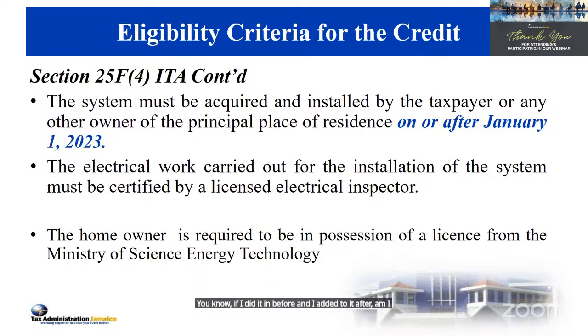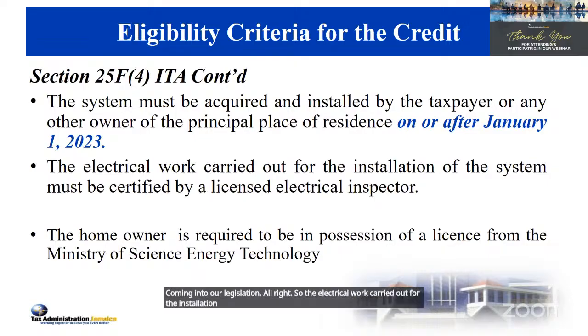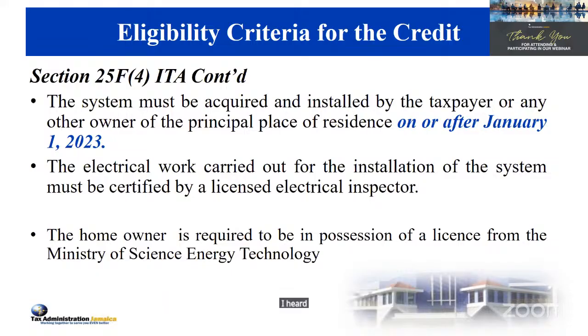And the answer is no, because the original installation would have been prior to this credit coming into our legislation. All right. So the electrical work carried out for the installation of the system must be certified by a licensed electrical inspector. I heard Mr. Harvey saying that to you, all right?